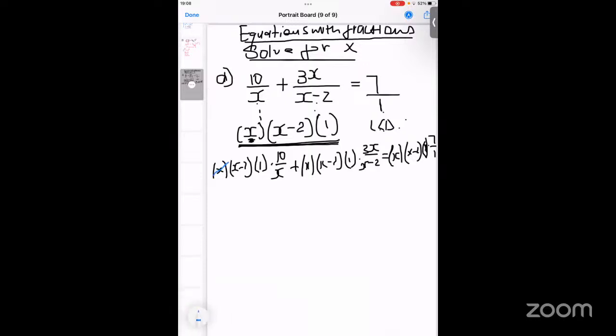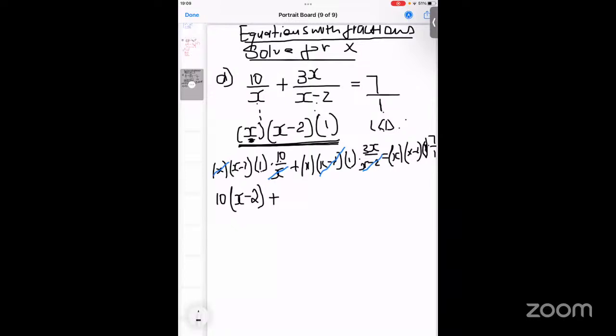You see that x will cancel with that x. So you remain with everything else except the denominator. That means you end up having that 1 multiplying 10, it becomes 10 into x minus 2, that you plus with. So can you see that x minus 2 will cancel with that x minus 2.